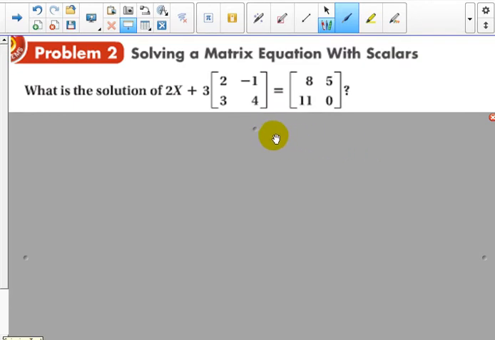So let's look at problem 2, solving a matrix equation with scalars. What is the solution of 2x plus 3 times the matrix 2, negative 1, 3, 4, equal to the matrix 8 and 5, 11 and 0? So what is the solution?